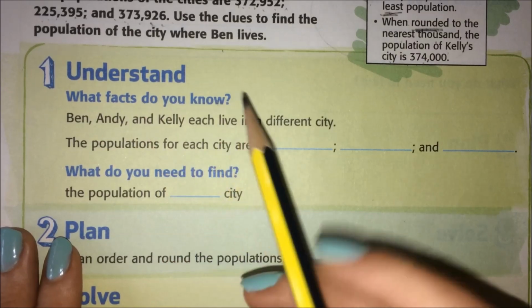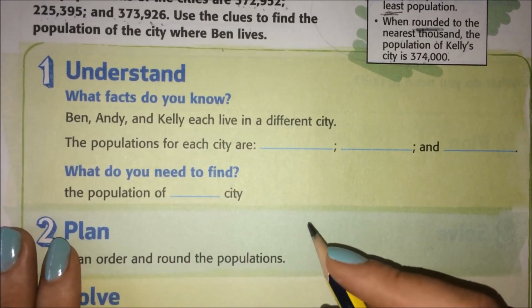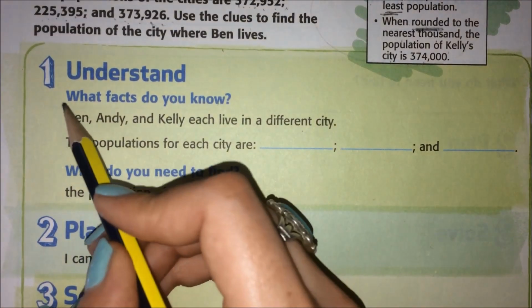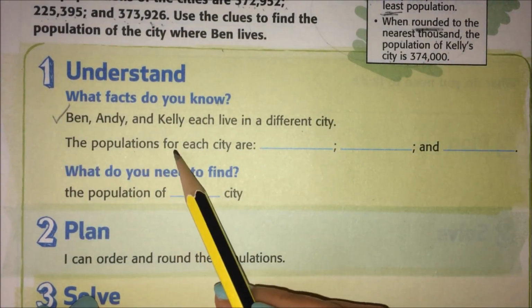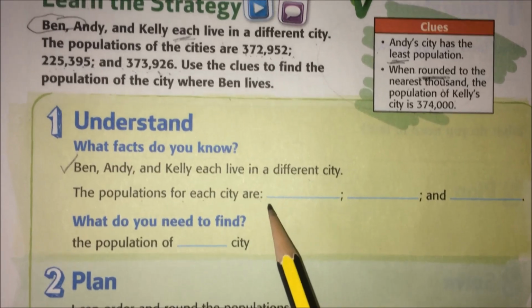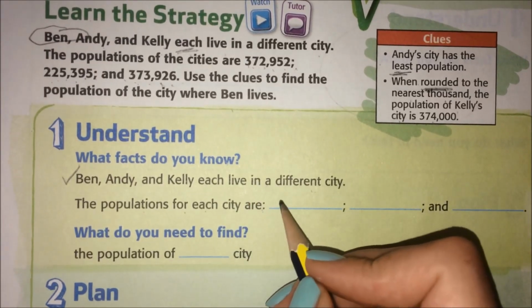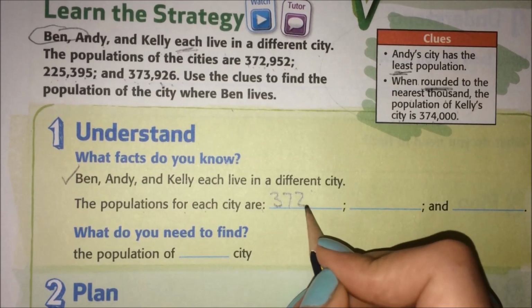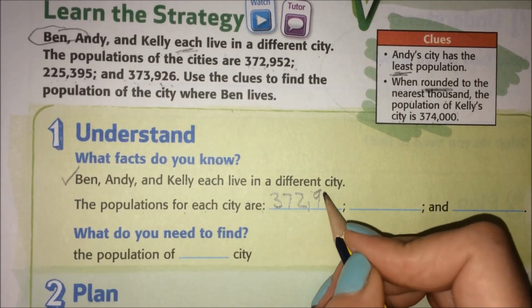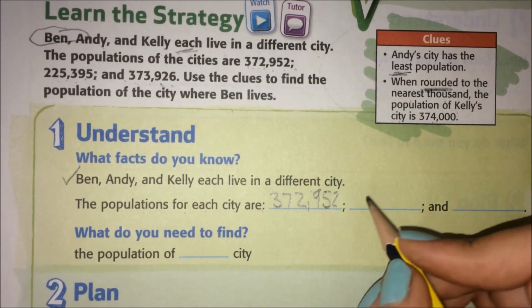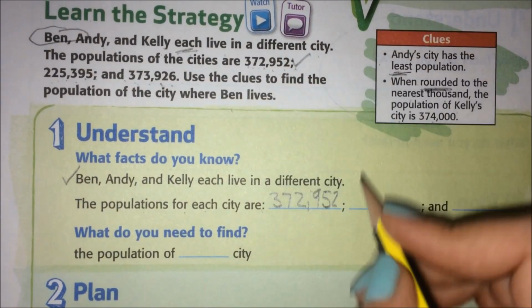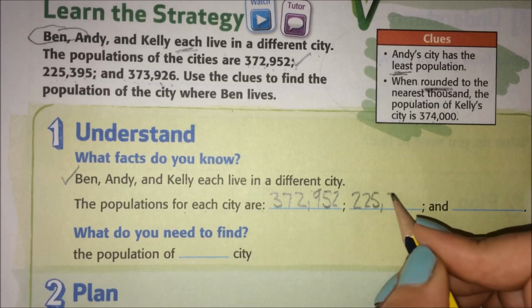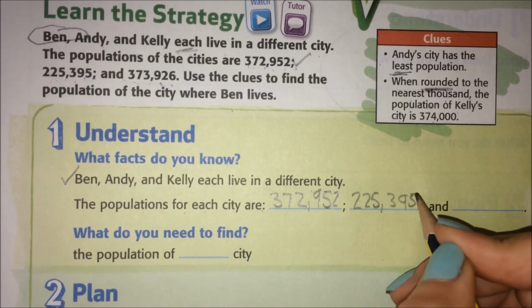What facts do you know? Ben, Andy, and Kelly each live in a different city. Yes, we know that. The populations for each city are, okay, so this is part of what we know. So we're writing down what we know. 372,952. Check. 225,395.